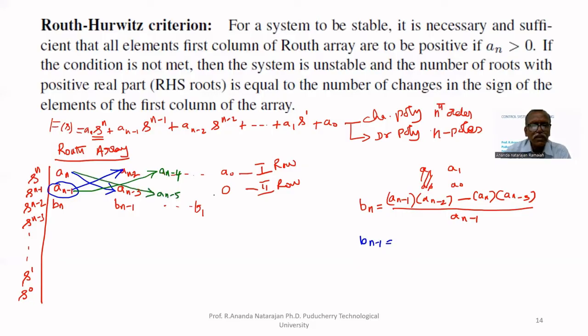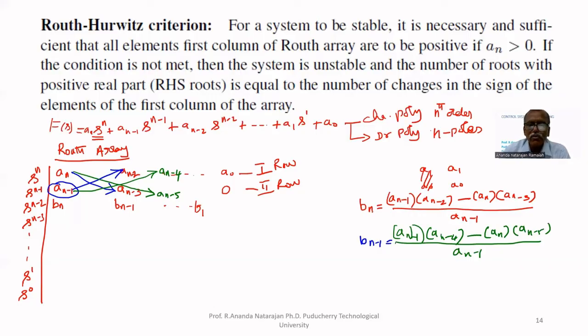So bn minus 1 equal to an minus 1 multiplied by an minus 4 minus an multiplied by an minus 5, divided by an minus 1. That is bn minus 1.